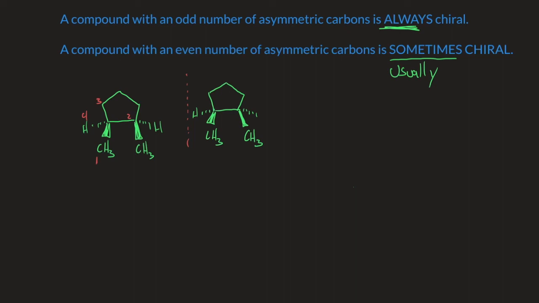If I try and superimpose this, you'll notice that they line up perfectly. And so this molecule, despite the fact that it has a couple of asymmetric carbons, is not chiral. And it's because it has what's called an internal mirror plane.